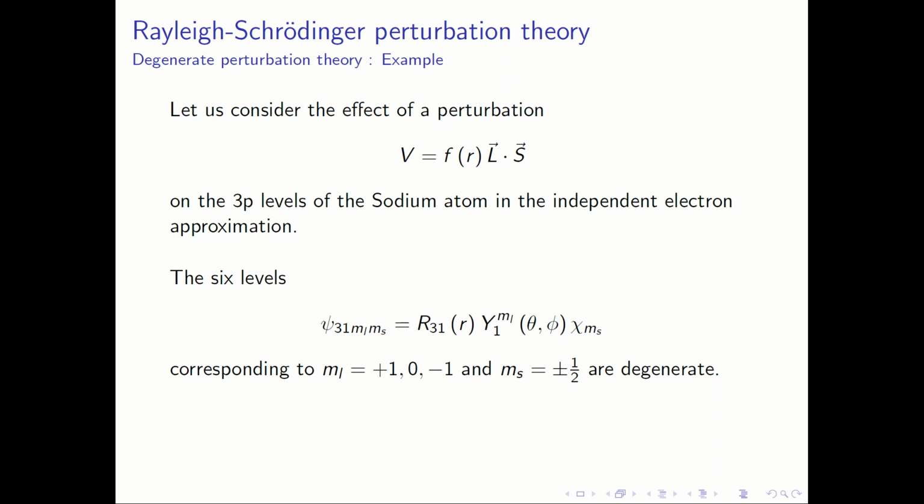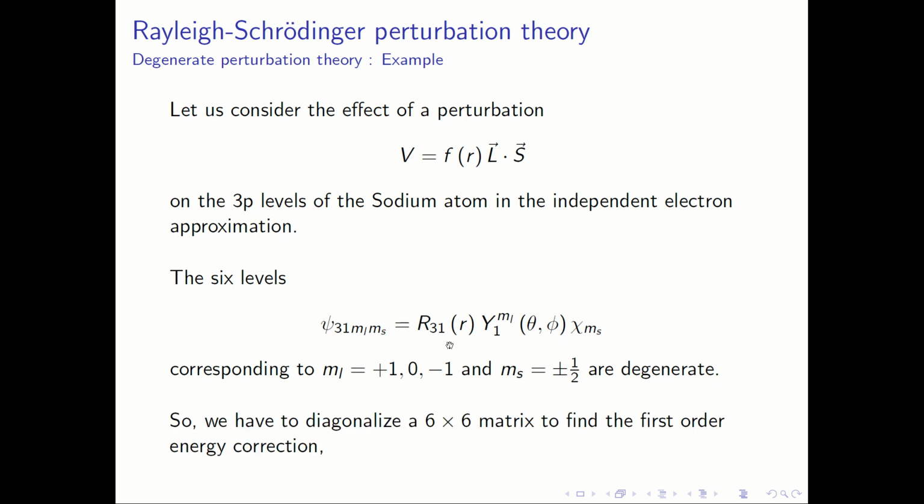The Y1 ml function of theta phi is our familiar spherical harmonics for L equal to 1, and chi ms are the spin eigenfunctions, which of course correspond to the two possible ms eigenvalues.